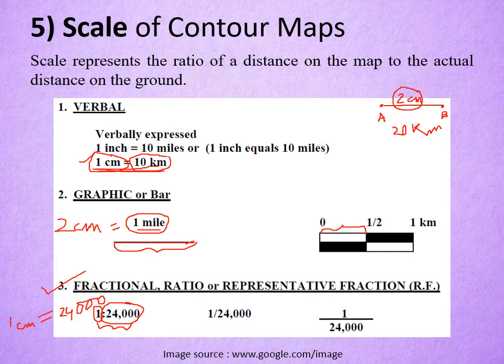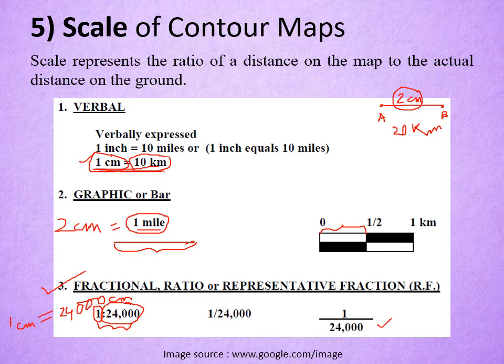In previous cases, they may not be required to be in the same unit, but in this case, to represent them in this fractional scale or representative fraction RF scale, both of these should be in the same unit. So 1 centimeter in map will be 24,000 centimeter in original. That is represented as 1 is to 24,000 or 1 by 24,000 in your contour map.